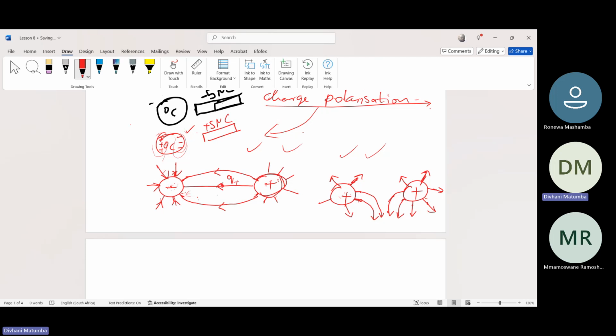How do we calculate, it's a classic, how do we calculate the electric field at this point? E total, which one is correct? A. E total equals E1 plus E2.